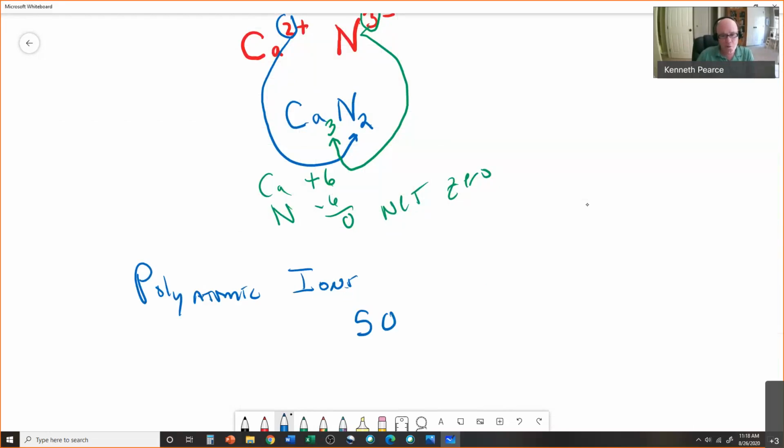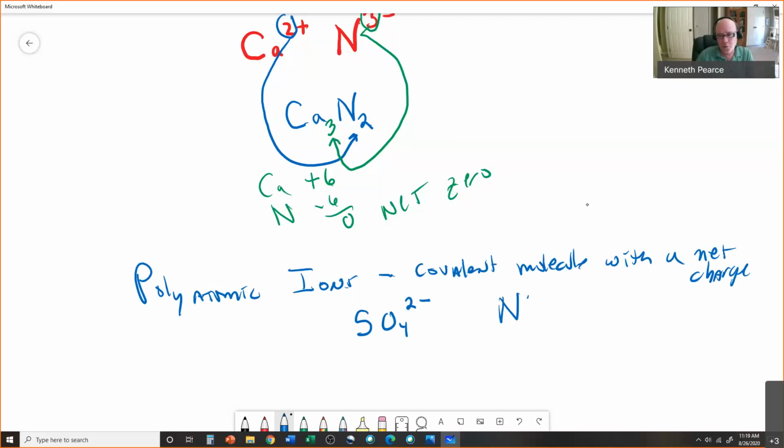You're going to have to memorize these, but that's SO4 2 minus. A polyatomic ion is a covalent molecule with a net charge. You've got SO4 2 minus, which is a sulfate, and NO3 minus, that's a nitrate.